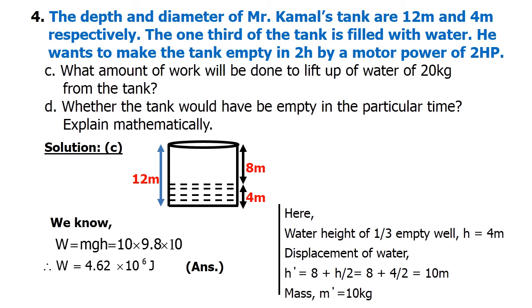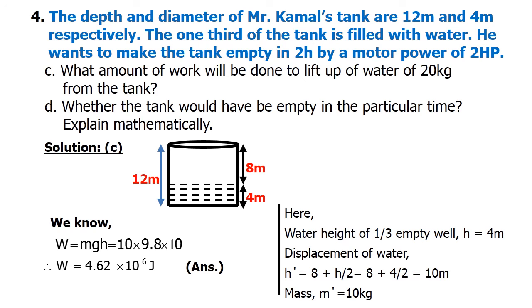Now the main factor to calculate the displacement of water, we have the water depth is 4 meter, so we have to average the height. If we want to average the height, we can write h by 2, and we have remaining also 8 meter. That means the water has to be taken another 8 meter height if you want to empty the tank completely.